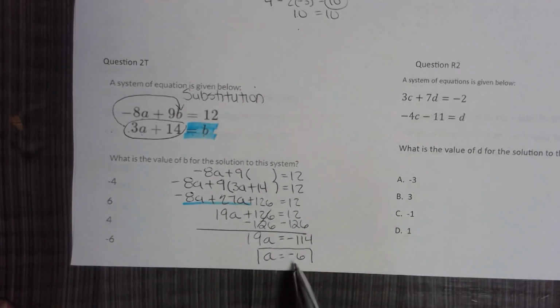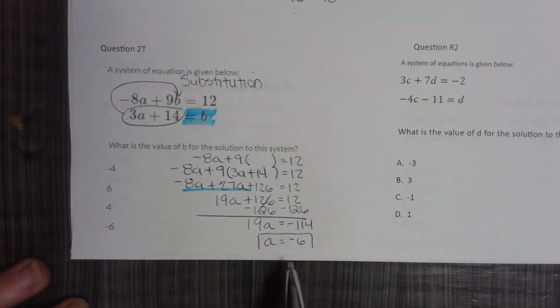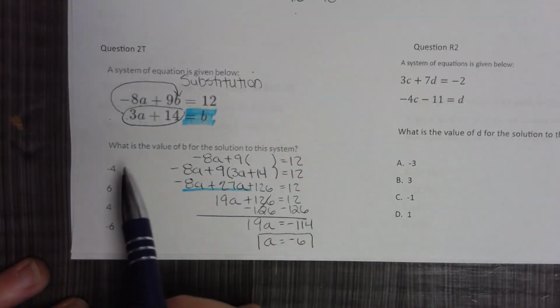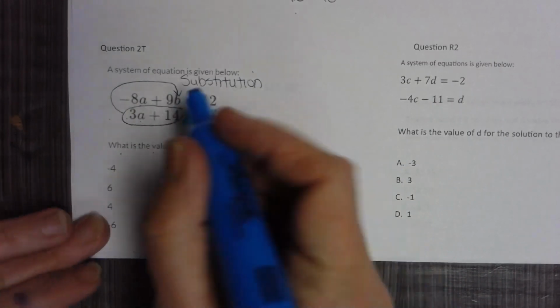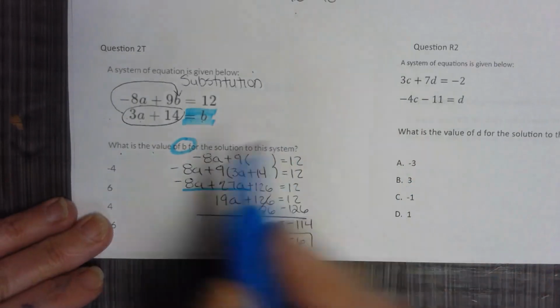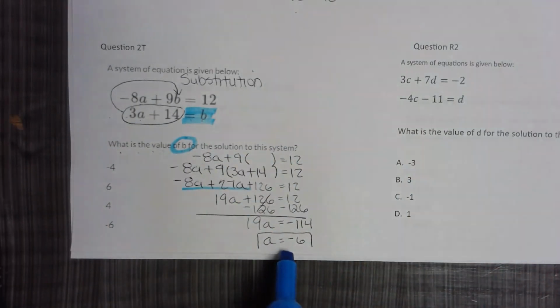Okay, we want to be very careful because the tendency might be to answer negative 6. But let's read. What is the value of B? Very important. This is not the correct answer. Okay, so what we got to do is plug this back in and find out what B is.